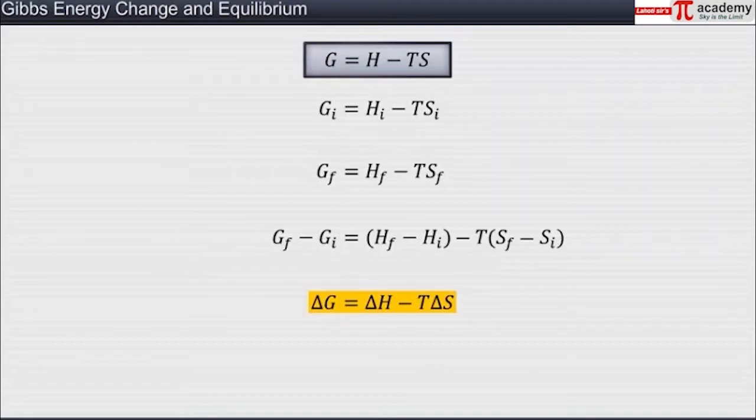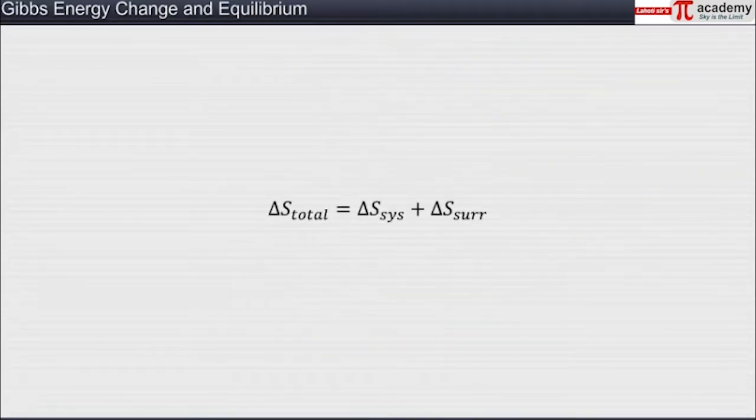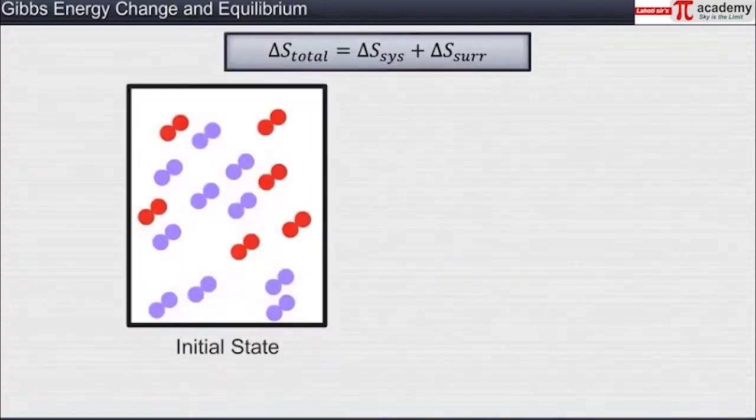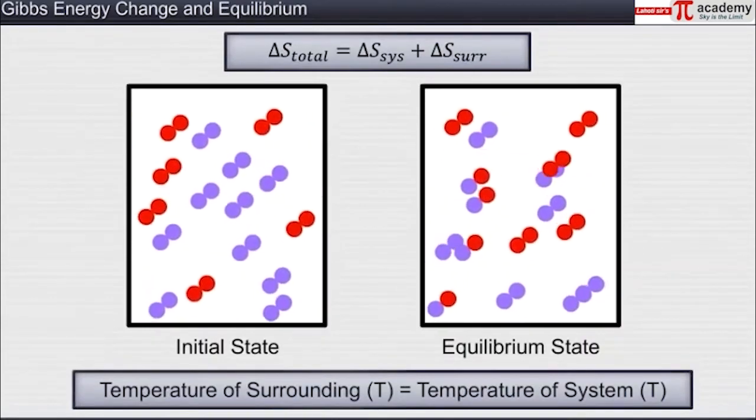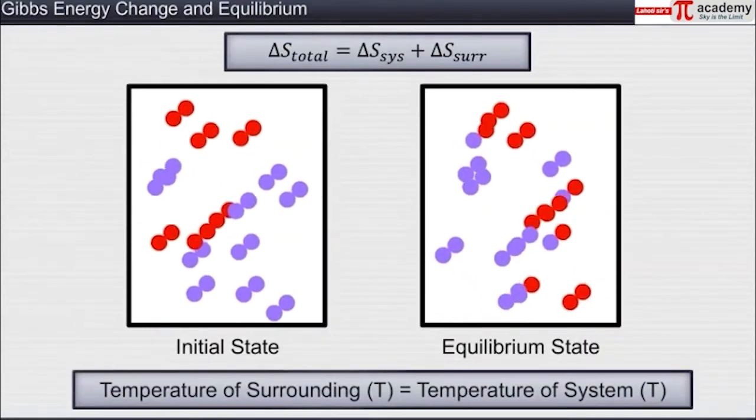Let's see how Gibbs energy is related to spontaneity in irreversible reactions. We know that the total entropy change of a system which is not isolated from the surroundings is calculated as delta S total equals delta S system plus delta S surroundings. Let's consider a system in thermal equilibrium. The temperature of the surroundings will be the same as that of the system.